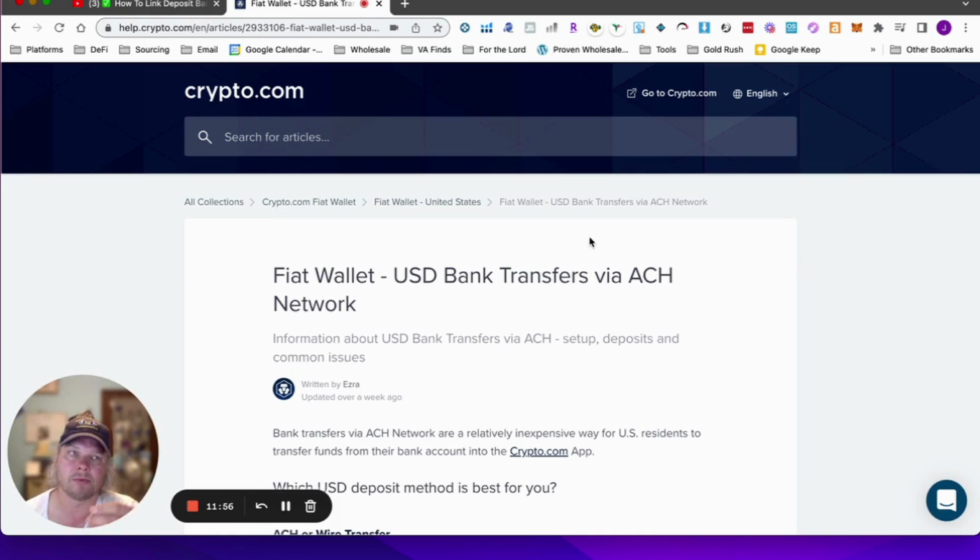Okay. So I guess what I really want to say here is when you do ACH to there, I think what crypto.com is doing is they're whitelisting your bank. There is so much fraud in the crypto world, and it's insane how much fraud.